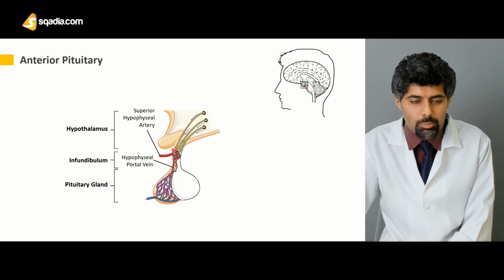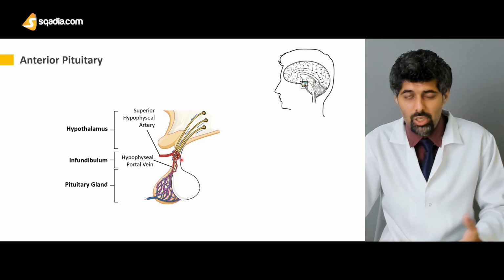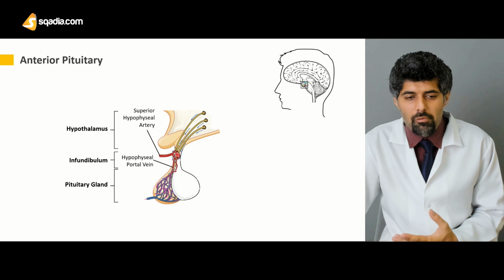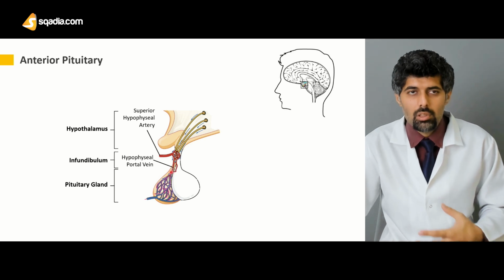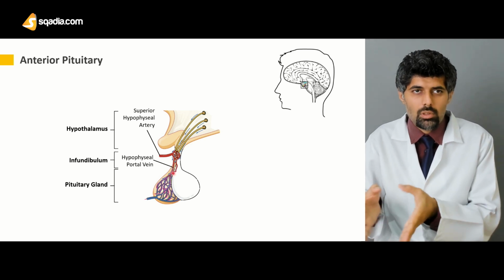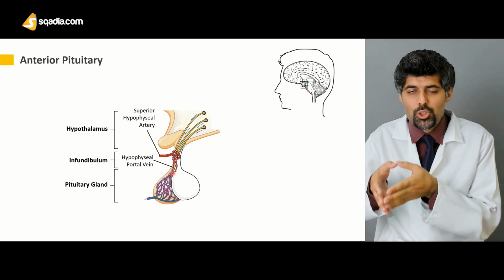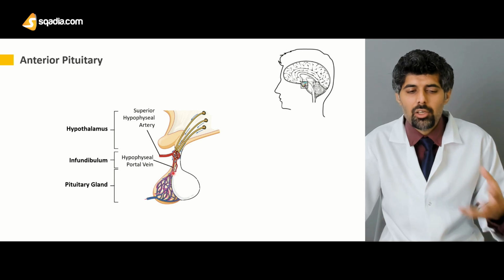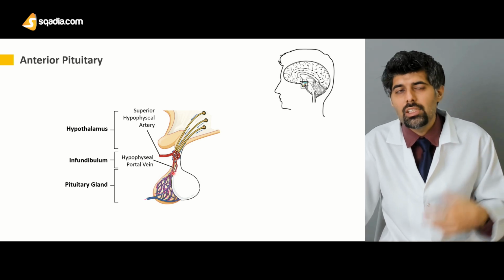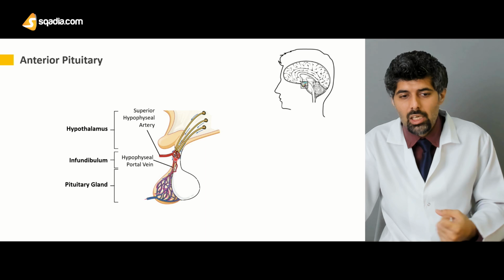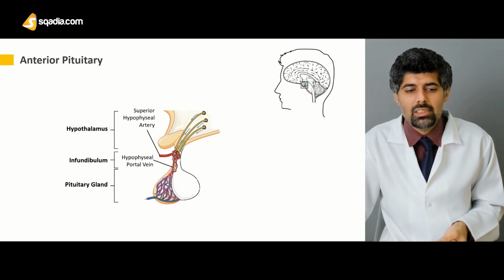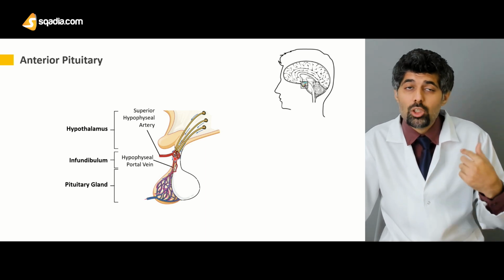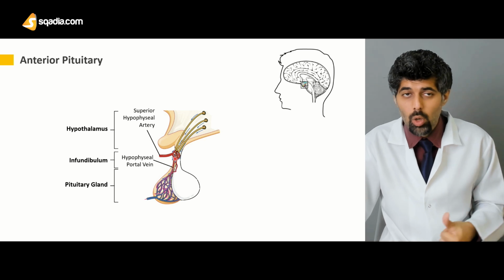From this primary plexus of the vascular arterial bed, we have certain arterioles which then move towards the anterior pituitary. These are termed the hypophyseal portal veins. These portal veins contain oxygenated blood. Why?